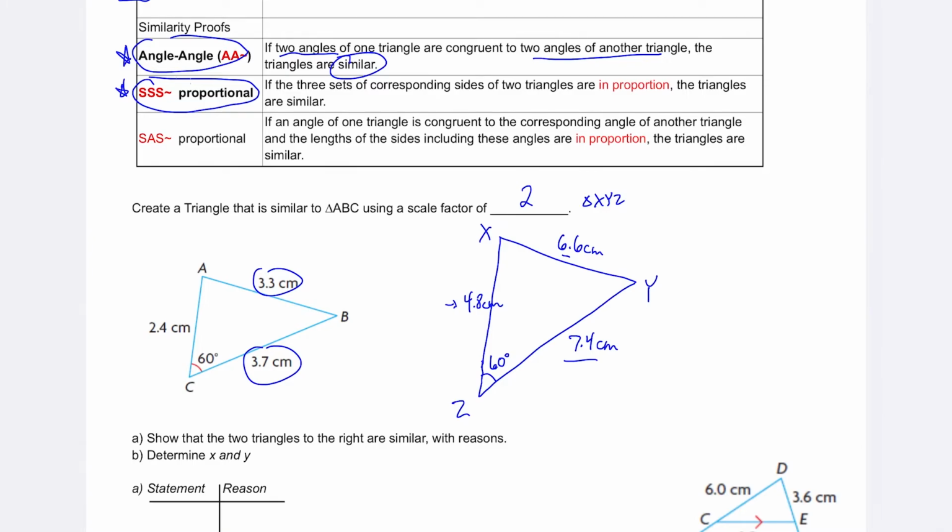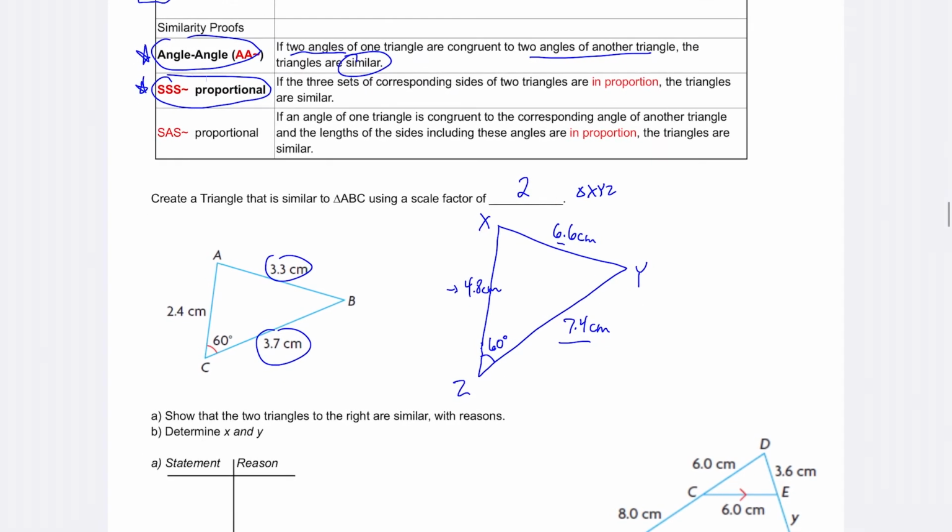And there's a triangle that has that relation. I want you to see this though for a second. So this is what the proportional thing has to do with. So 6.6 divided by 3.3 is equal to 4.8 divided by 2.4, which is equal to 7.4 divided by 3.7. Notice that all of these would be equal to 2, our scale factor.